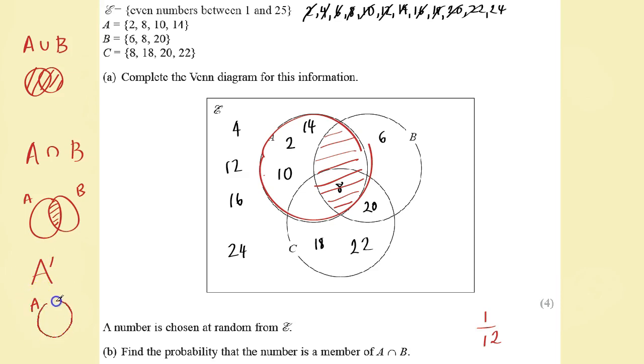If this is set A, then the complement would be the whole area outside of A, anything that isn't in A. So that's the complement. This is the intersect, and this is the union.